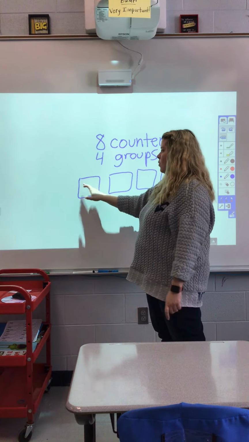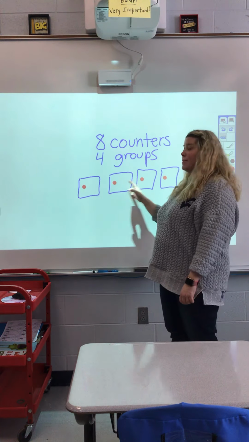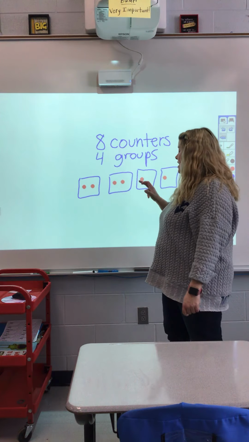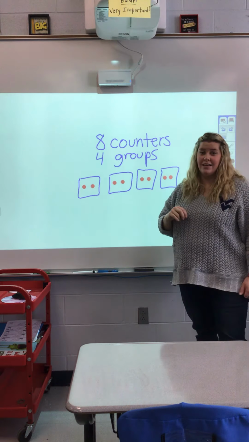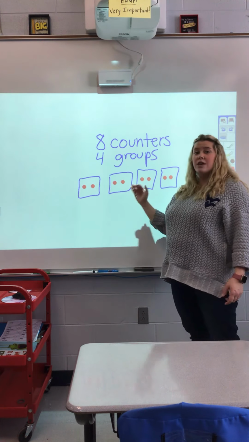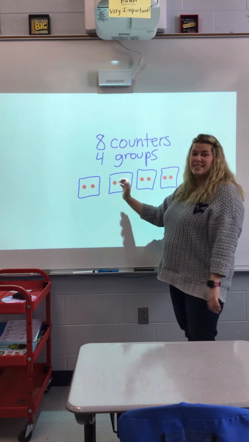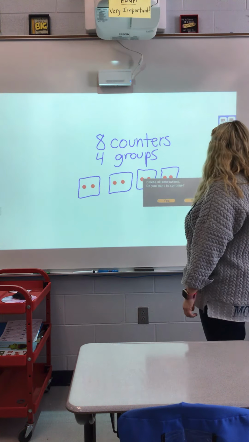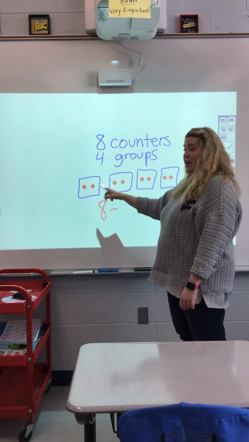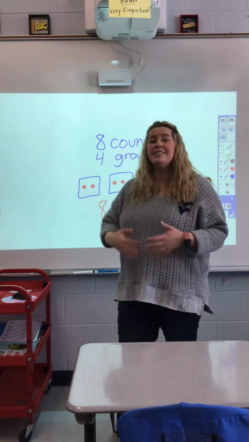So let's try it together. 1, 2, 3, 4. Okay, everybody has one, they're equal, but I gotta keep going because I'm not to 8 yet. 5, 6, 7, 8. Did I make it? Yeah, so there's my 8 counters. They're split into 4 different groups. They are equally shared. Remember, equal means the same. So each one has the same number of counters. And if I wanted to write this as a number sentence, I would say 8 divided by 4 equals 2. All right, I hope that makes sense to you.